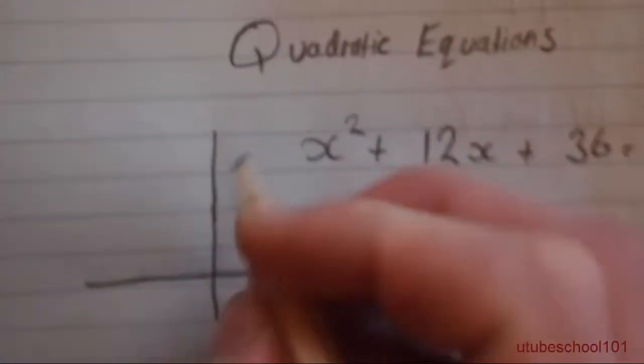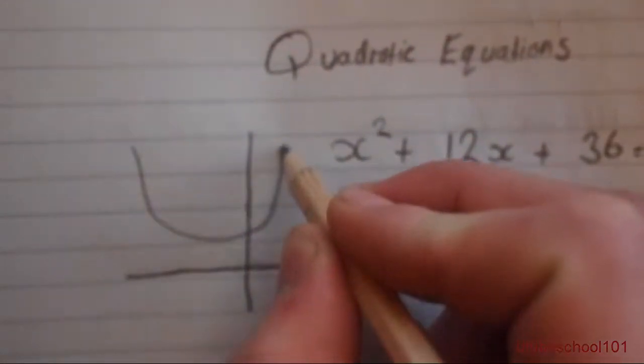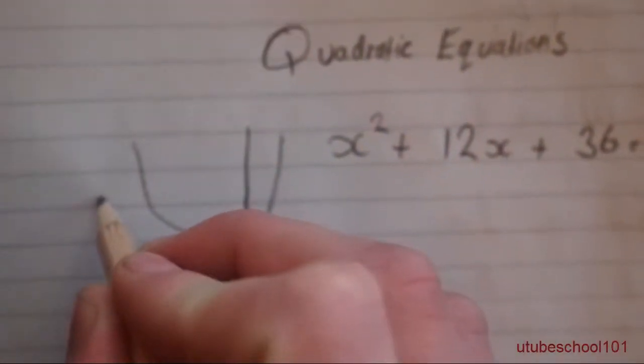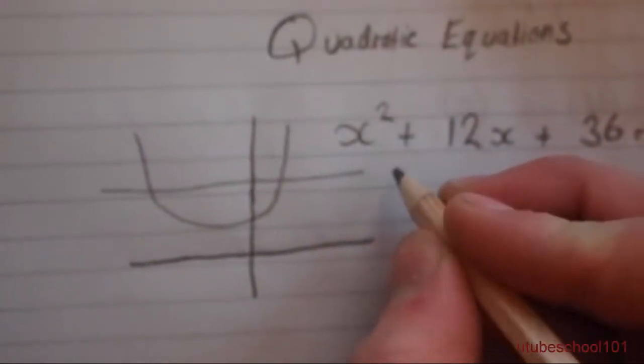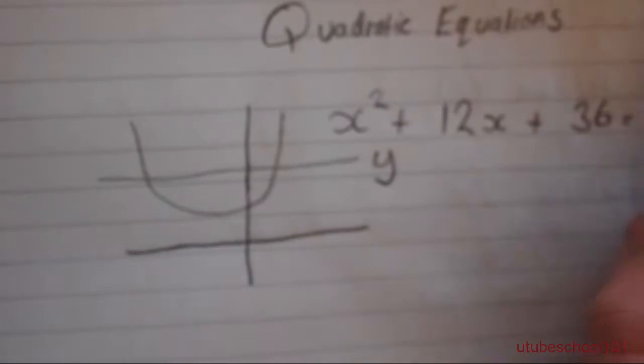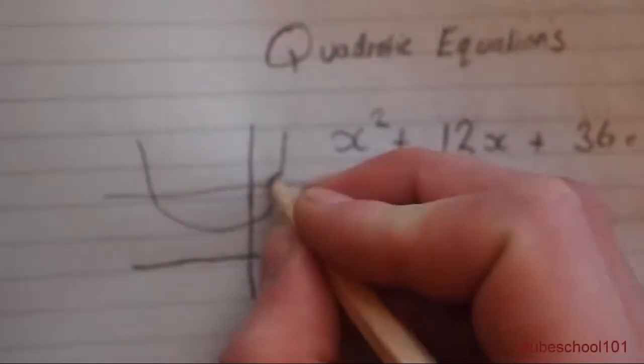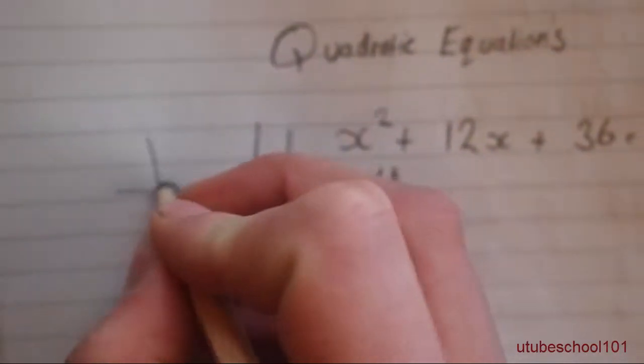It's not going to be the best drawing in the world, but take this line here. When y is at a certain point, because we're assuming y is at a certain number, look, you have two answers here.